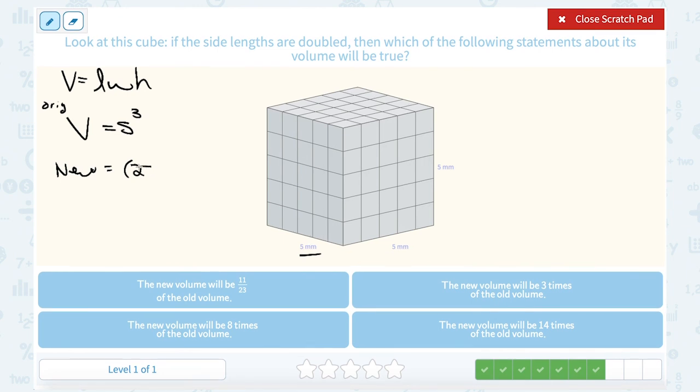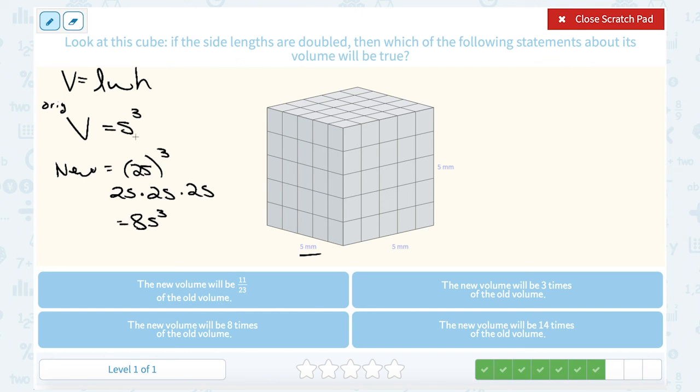So 2 times the original side length, and then we're cubing that. Or another way to think of this is 2 times the side length times 2 times the side length times 2 times the side length, right? Cubed means to multiply it out 3 times. So 2 times 2 gives me 4, times 2 again gives me 8, times whatever s cubed was.